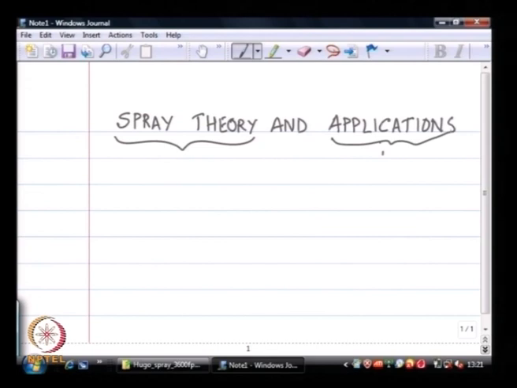They will sort of be in that order of sequence. The first part is related to the theory of what a spray is and why we need a spray and where would be a good place to use it. That is a segue into talking more about the applications.